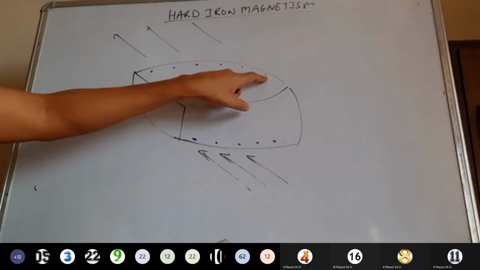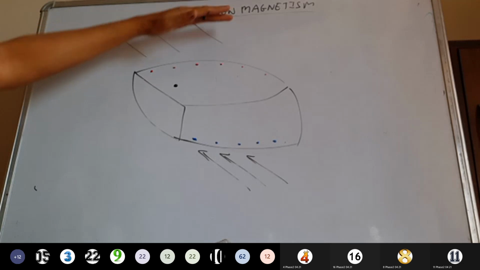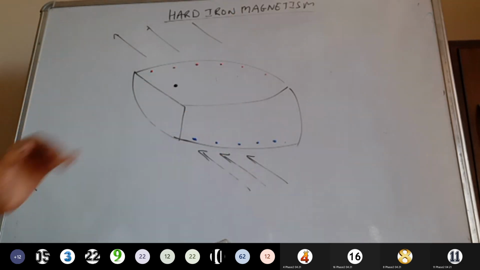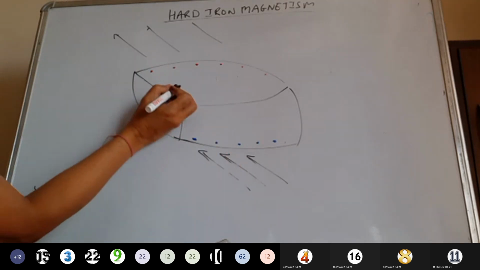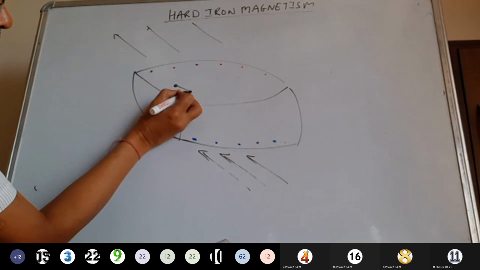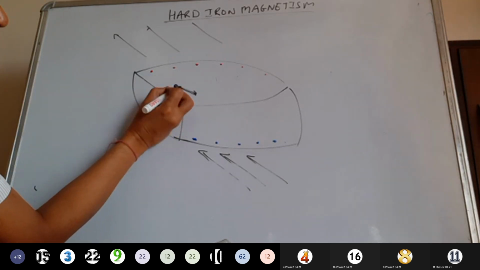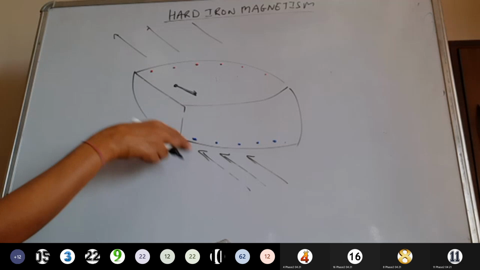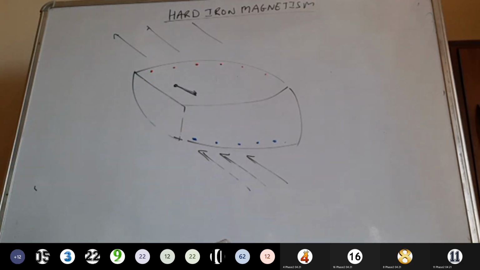Due to these red poles on the higher side of the vessel, on the deck, and blue poles located towards the keel, the force is always acting from red to blue. At the magnetic compass position, due to these red and blue poles, one force is acting in this direction, another in this direction. Numerous forces are acting, but whatever the number of forces, they will have a final resultant.